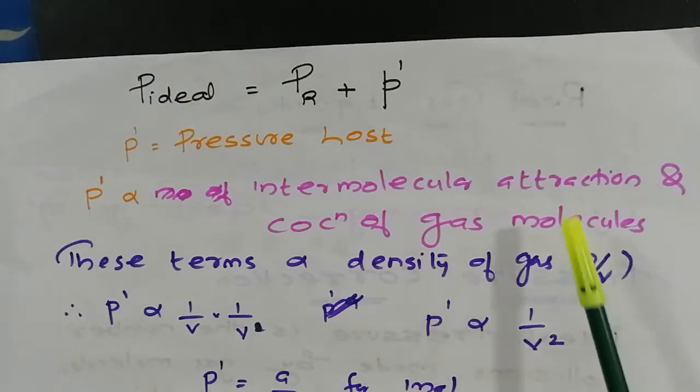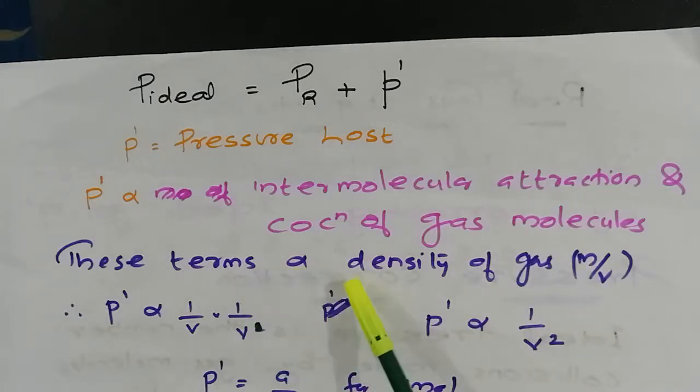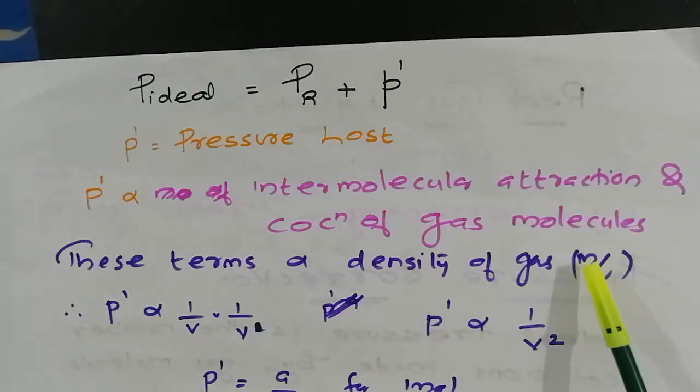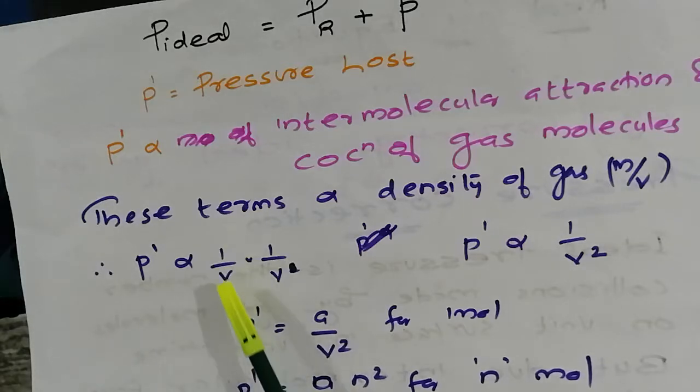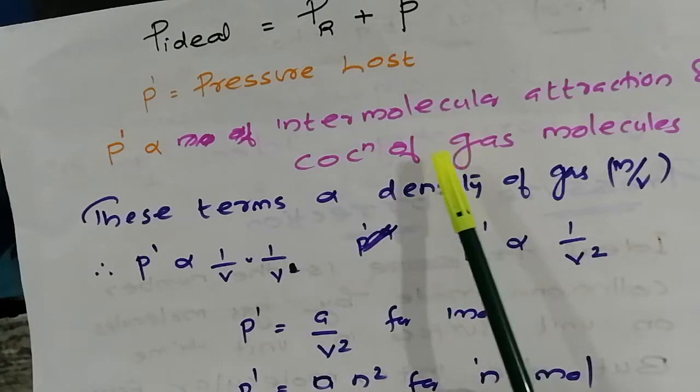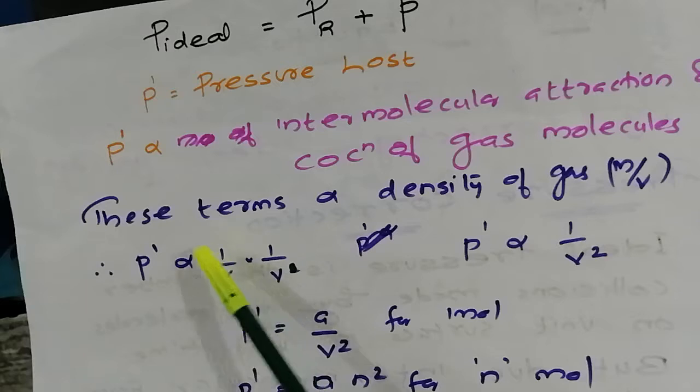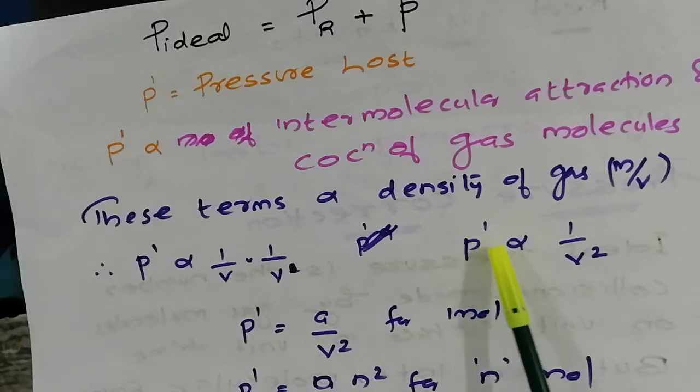These two terms are directly proportional to the density of the gas, that is mass by volume. Mass is fixed. Therefore, pressure loss is directly proportional to 1 by V into 1 by V. One 1 by V is for intermolecular force of attraction, the other 1 by V is for concentration of gas. Mass is fixed, only the volume is varying. Therefore, P dash is directly proportional to 1 by V square.